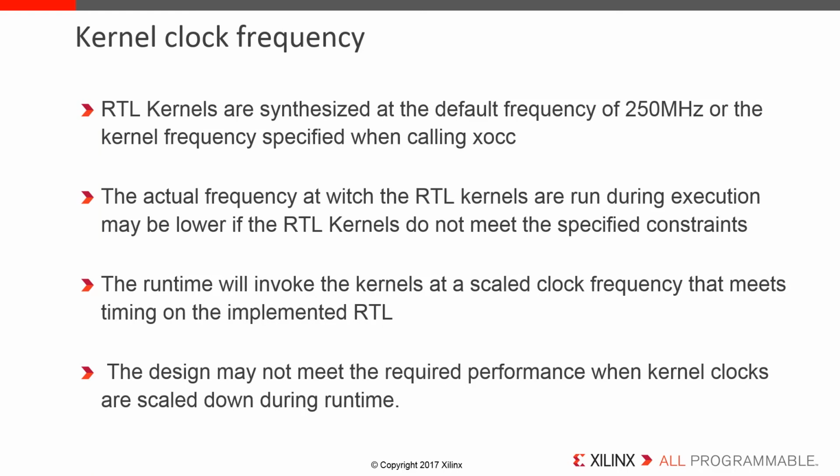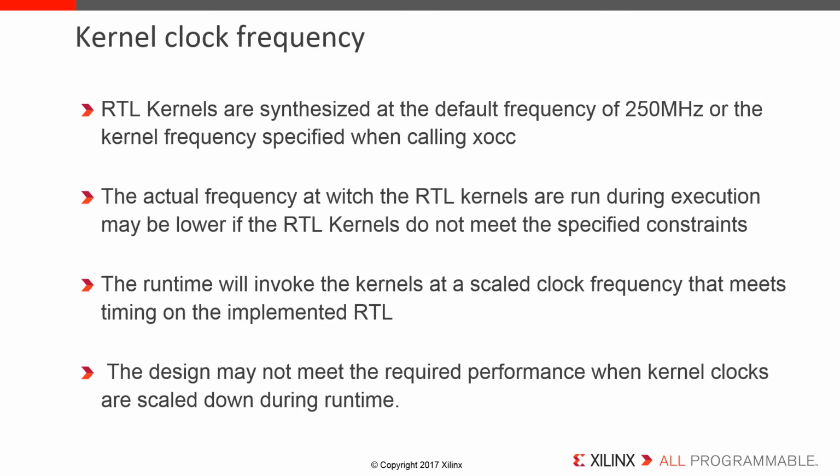Now let's talk about the kernel clock frequency and the kernel clock frequency scaling feature in XOCC. What you need to understand here is that the clock that is used to drive the kernel is software programmable. What this means is that the runtime can run the kernel at a scaled clock frequency rather than a fixed clock frequency.